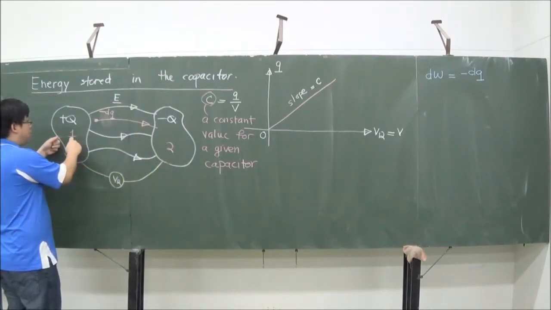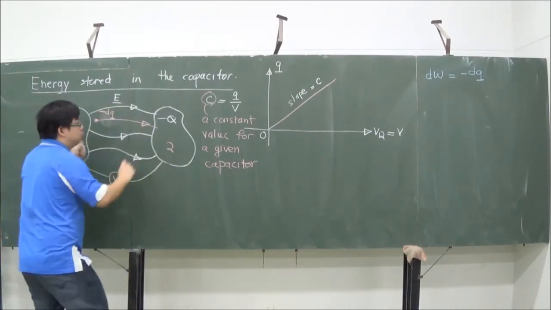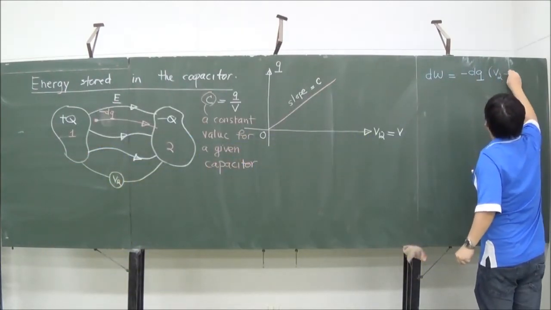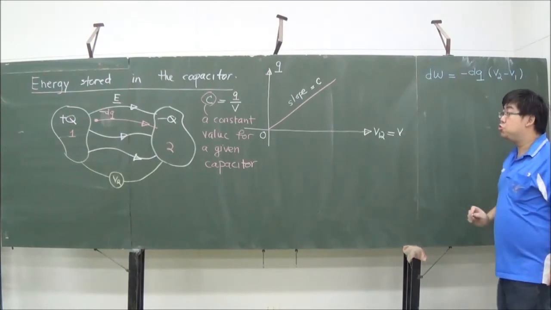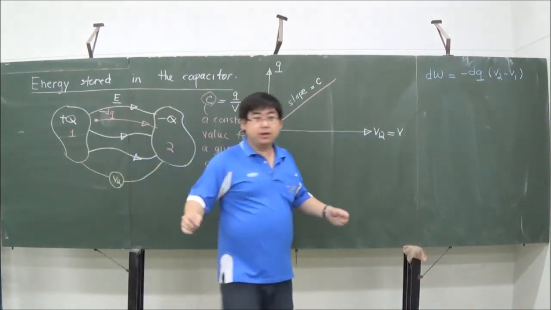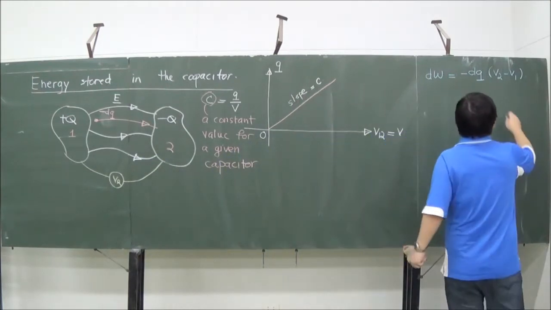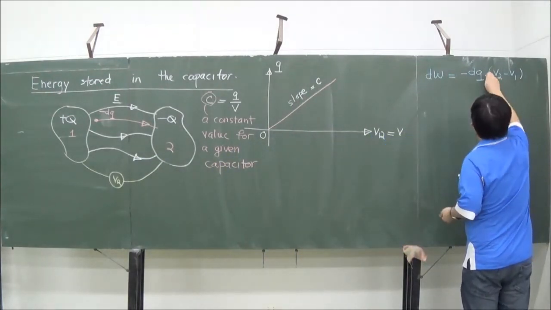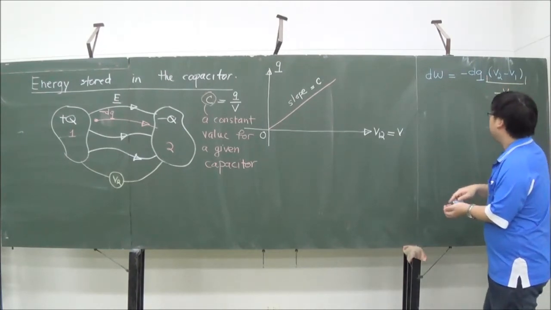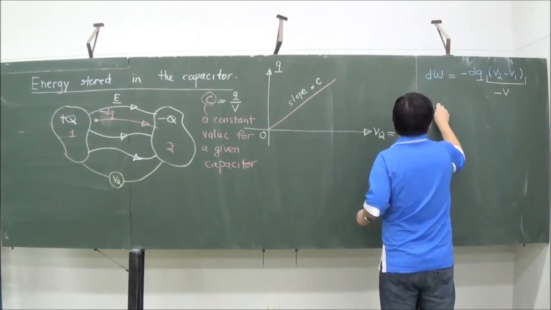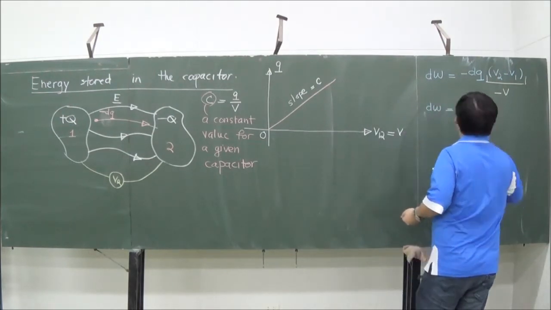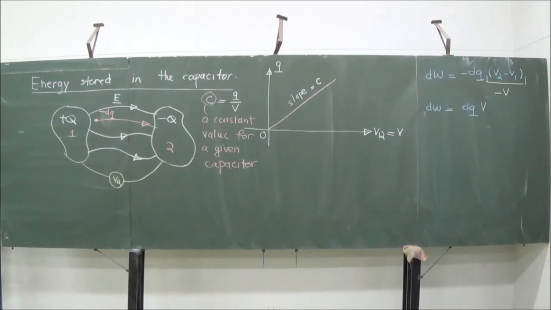So I'm going across V from 1 to 2, so I've got to multiply by V2 minus V1. And we know that this V2 minus V1 is negative, so this quantity here is simply minus V. So then my work is dq times V.